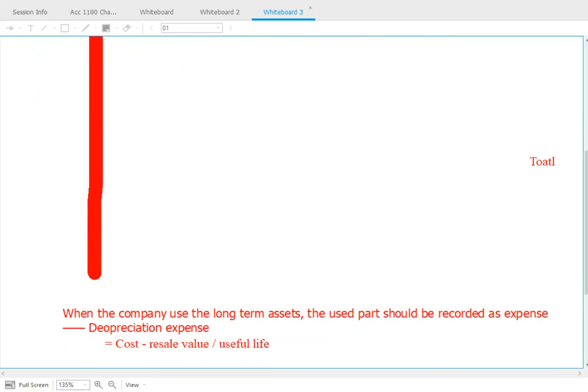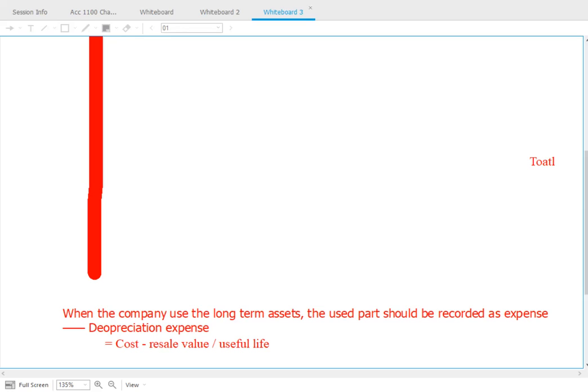When I use the asset, then I have an expense, because under accrual basis, expense is recorded when I use an asset, and I used the machine for a whole year. So there should be an expense. The name of the expense is depreciation expense.